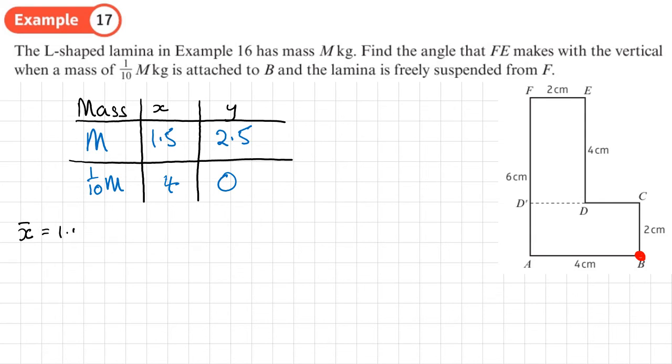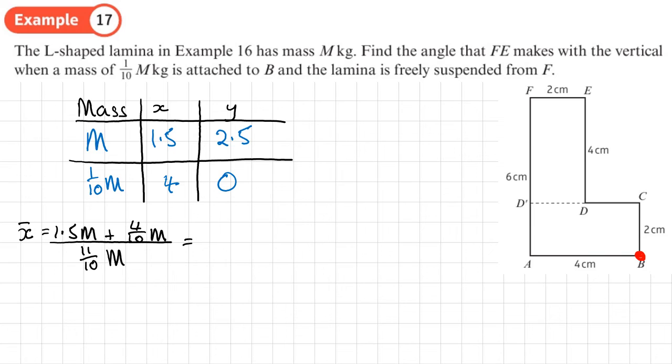So x bar will be m times 1.5, so 1.5 m, plus 4 times 1/10 m. So that's 4 over 10 m, divided by the total mass, which is going to be 11 over 10 m, 1/10 plus 1 m.